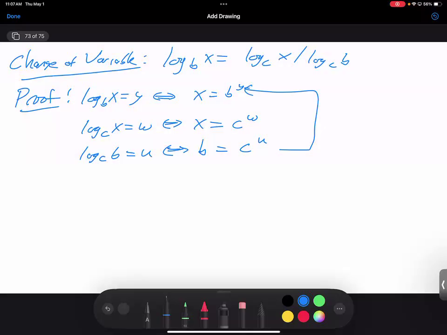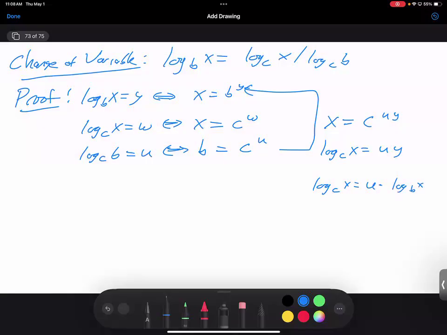So using this gives us x is equal to c to the u to the y. So if we take the log of both sides with respect to c, we would get the log of x base c is u times y. y is just what we started with, the log of x base b. So this means the log of x base c is u times the log of x base b.